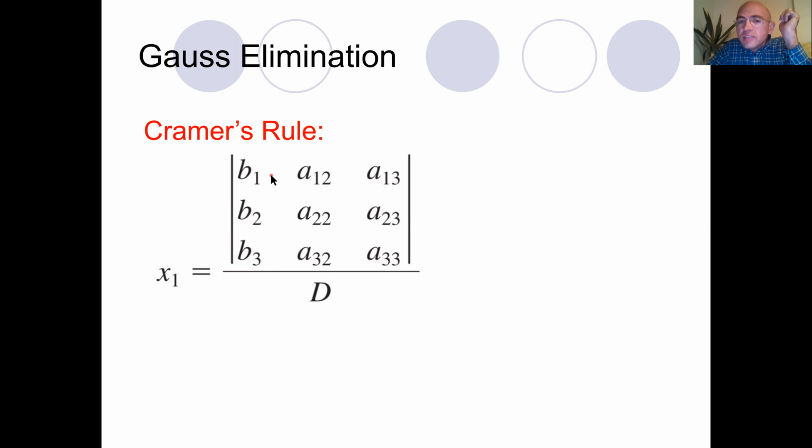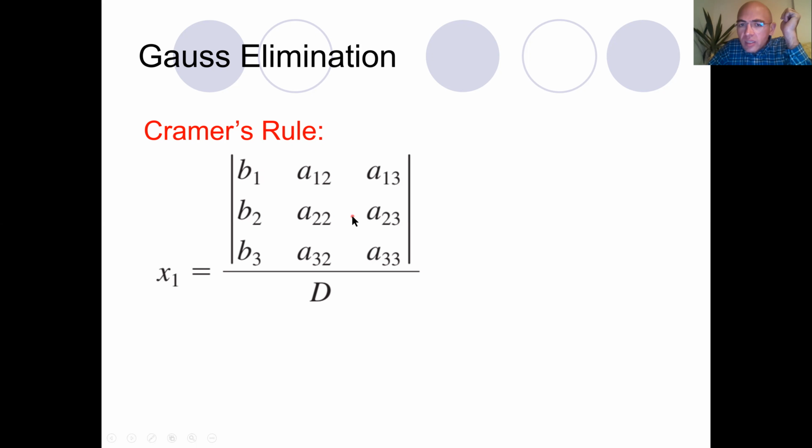If you want to calculate the second unknown, x2 for example, then you have to replace the second column with the values in the right hand side of the equation. So it is A11, A21, A31, and here it has to be B1, B2, and B3, and then the rest is the same.